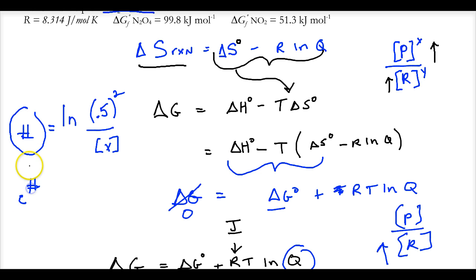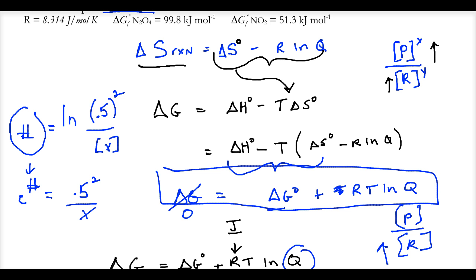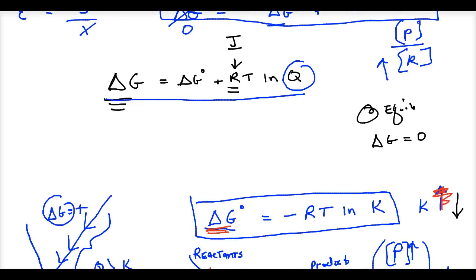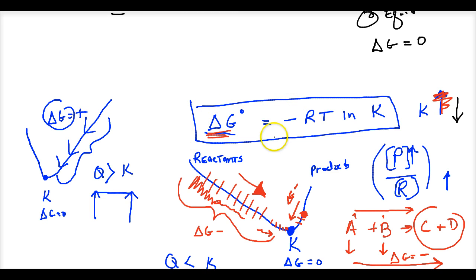So whatever this number is, you do e to that number, and of course e to the x of this just becomes 0.5 squared over that x, and then you can find the e to that number and solve for x. So that's the only little thing, whether you're using this equation in this worksheet, or you're using this equation for the other worksheet. So please try those.